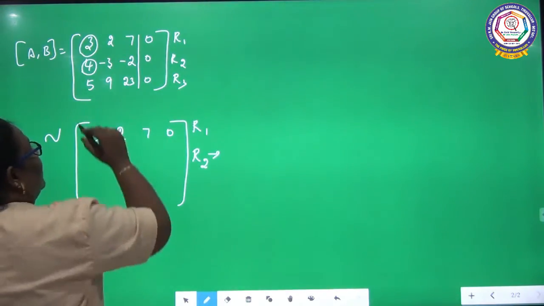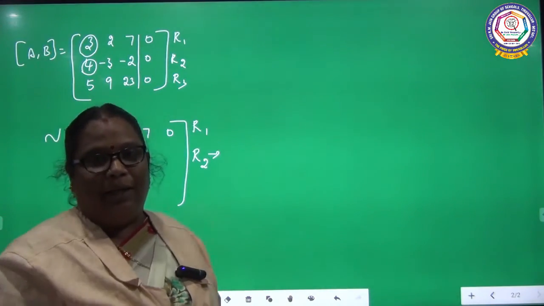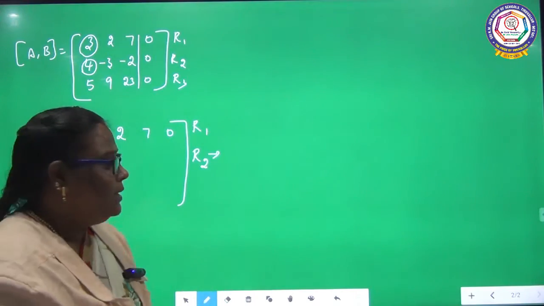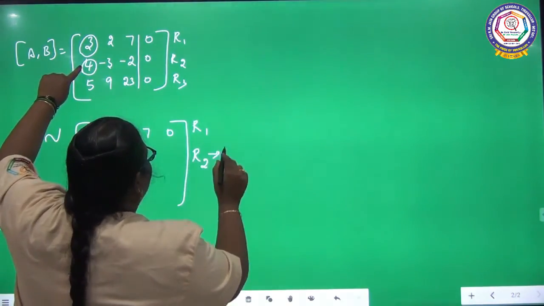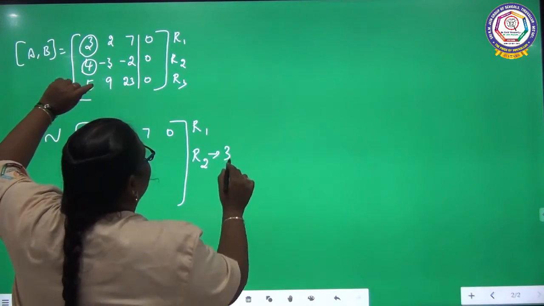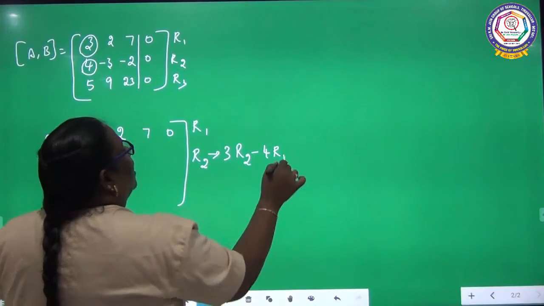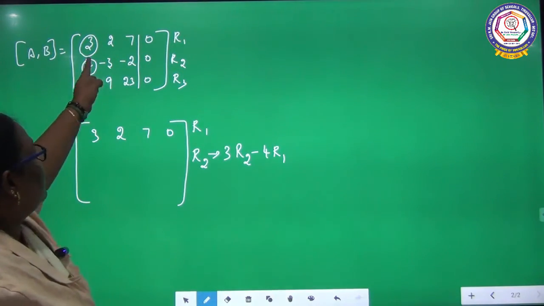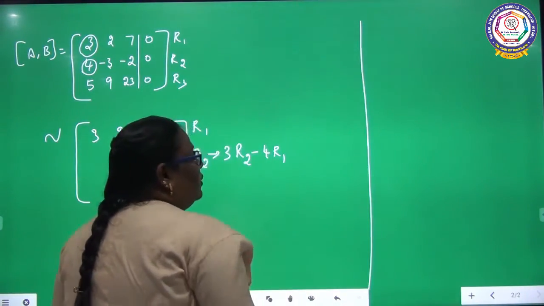So multiply R1 by 4 and R2 by 3. So 3R2 minus 4R1. You do it in your upper column.